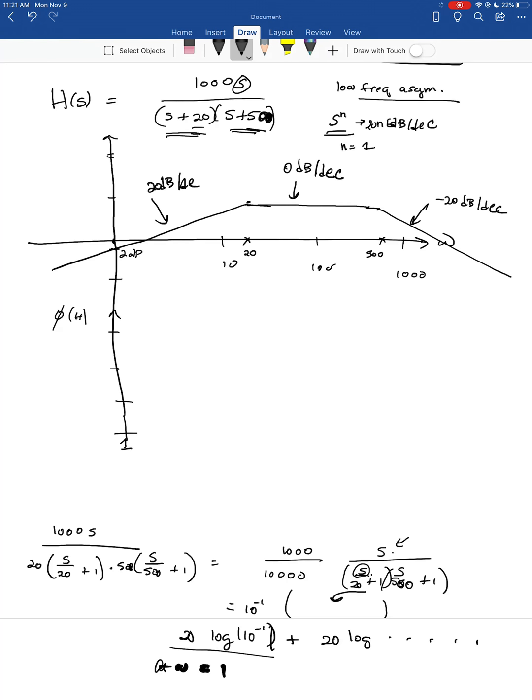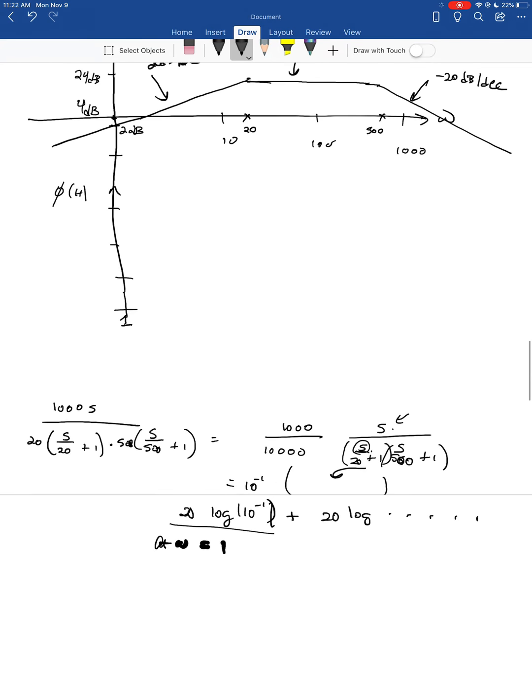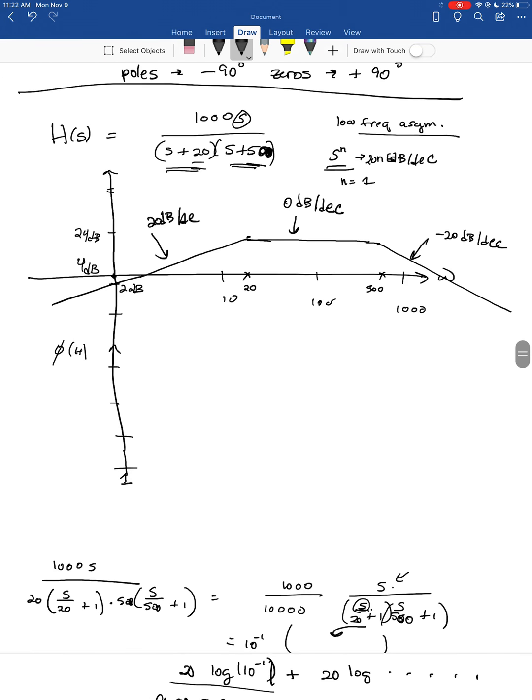And we've already shown that this is negative 20. So right here on the omega equals 1 axis, this is negative 20 dB, which would make this about 0, 20, and so on. So that's how you do it when you have a 0 at 0.